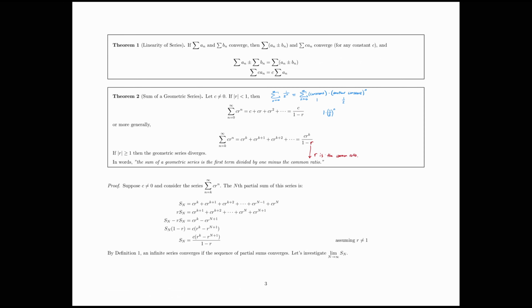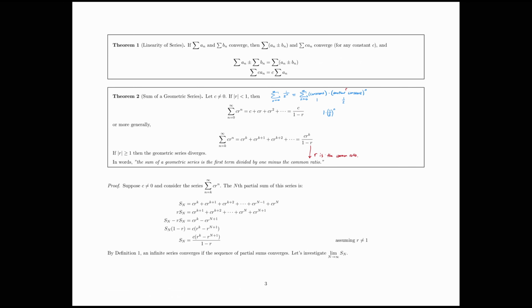Okay. So let's backtrack just for a moment and take a look at the hypothesis here. If the absolute value of your common ratio, this other constant, this is our r, the common ratio, is less than 1, then it converges.